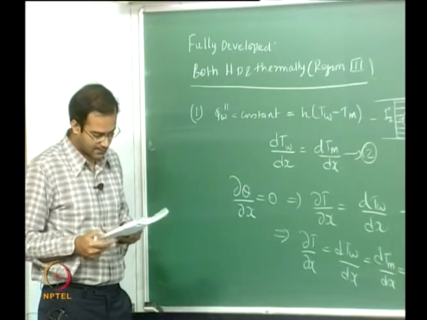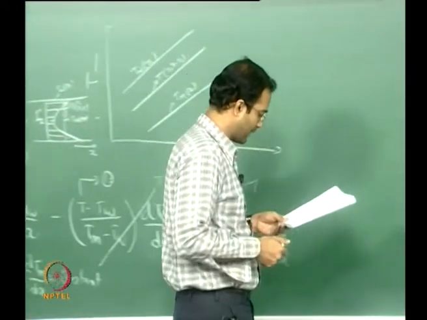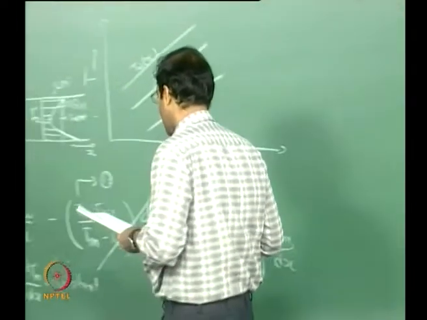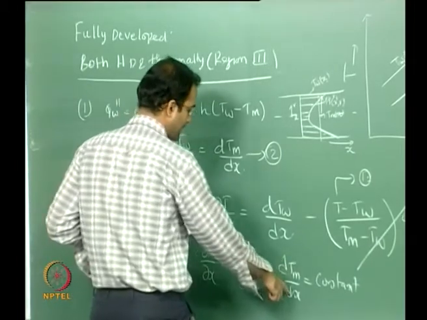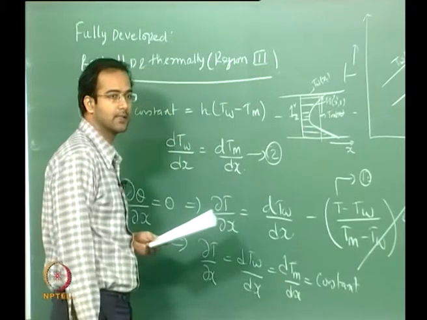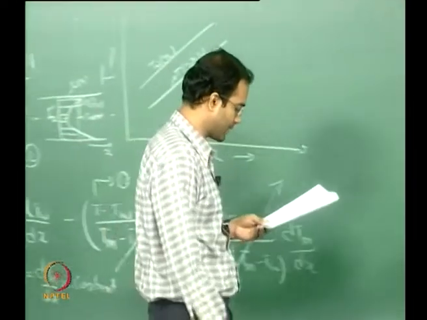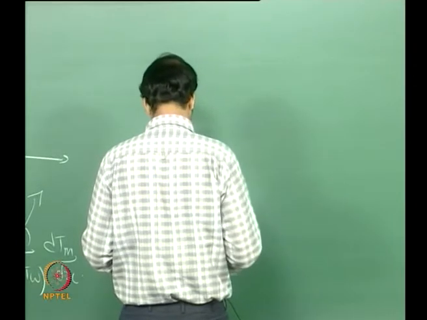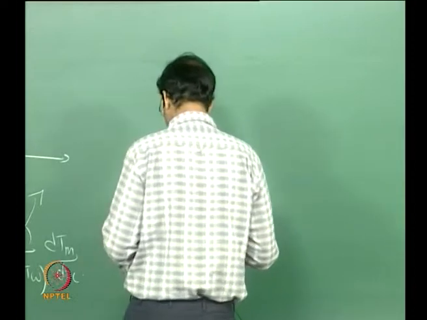Now, having seen this, we wanted to calculate the temperature profile itself. If you substitute the fact that dT by dx is a constant, equal to dT wall by dx or dTm by dx, into the energy equation, it becomes much easier to integrate the energy equation directly.